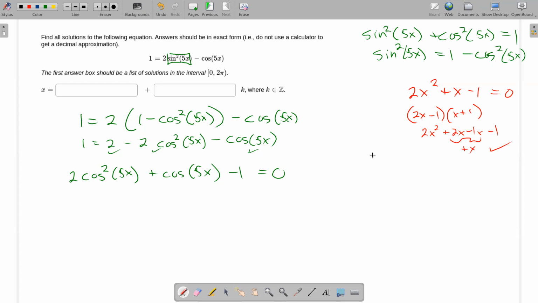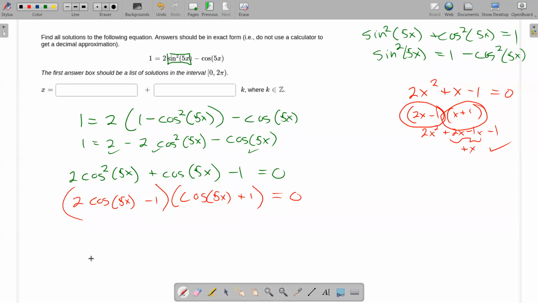Yep, it does factor. So over here, this would factor as 2 cosine of 5x minus 1, that's this factor, times cosine of 5x plus 1, that's this factor, equals 0.